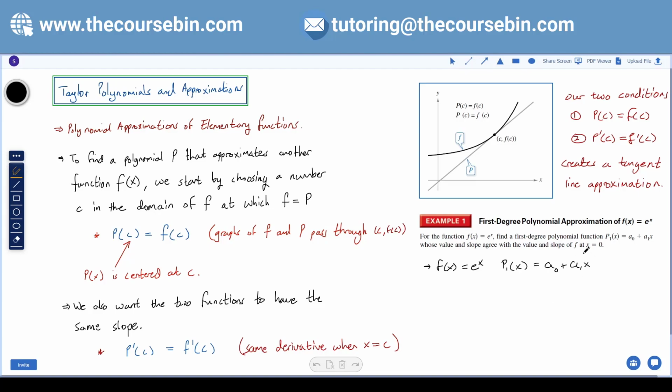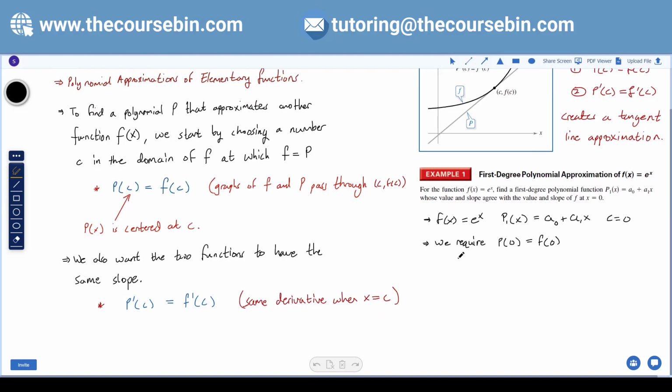Our first condition is that our polynomial must be equal to the function when x is equal to c, and keep in mind that our c value is 0. So we require p of 0 must be equal to f of 0.